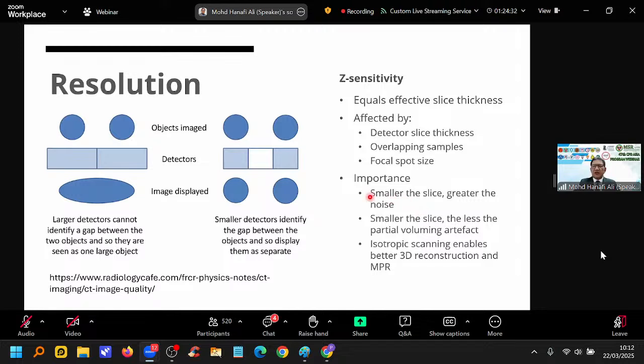So in these situations we have to use a smaller size. If we use a smaller size, the noise is greater. So remember that. We need to improve by increasing the slice thickness, so there is less partial volume artifact, but this volume artifact will reduce.